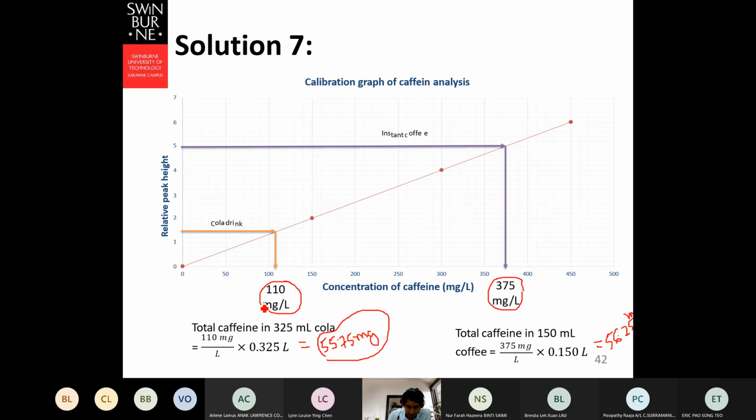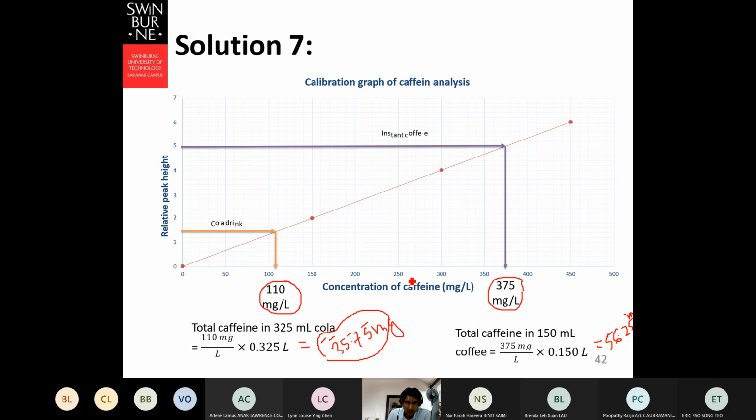We have 35.75 milligram of caffeine in that cola drink that you drink.